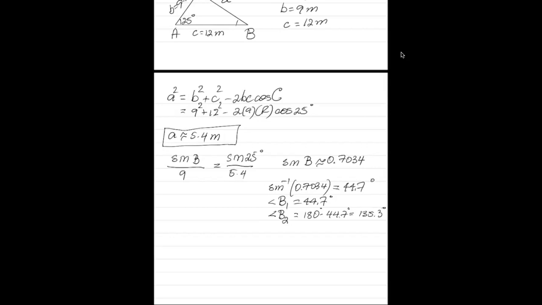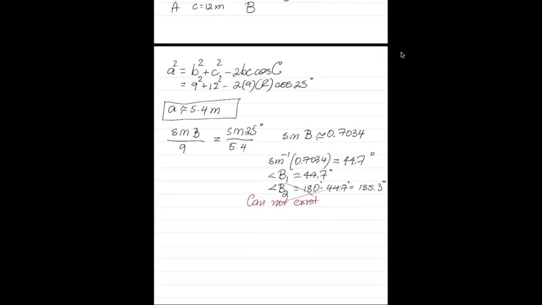Now, the question is, can that angle exist? Angle B2 is 135, an obtuse angle, but the corresponding side is 9, which is not the biggest side, right? So B2 cannot exist.